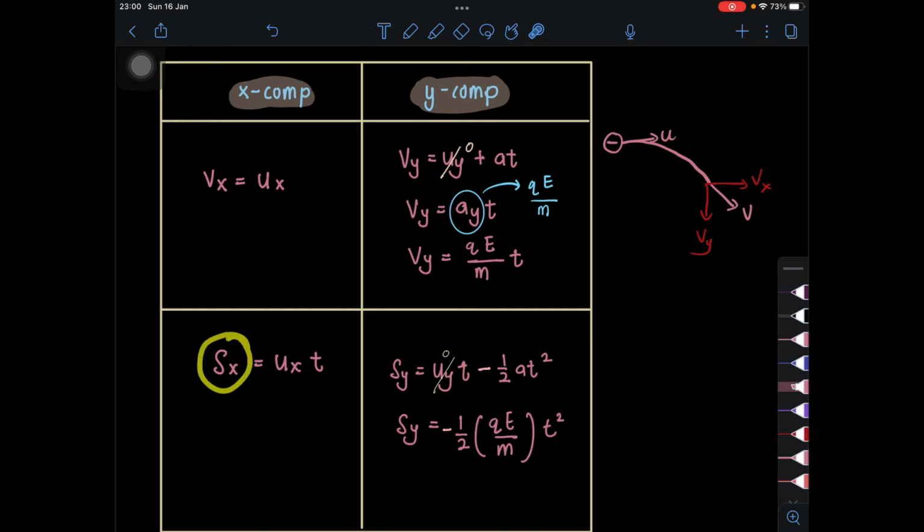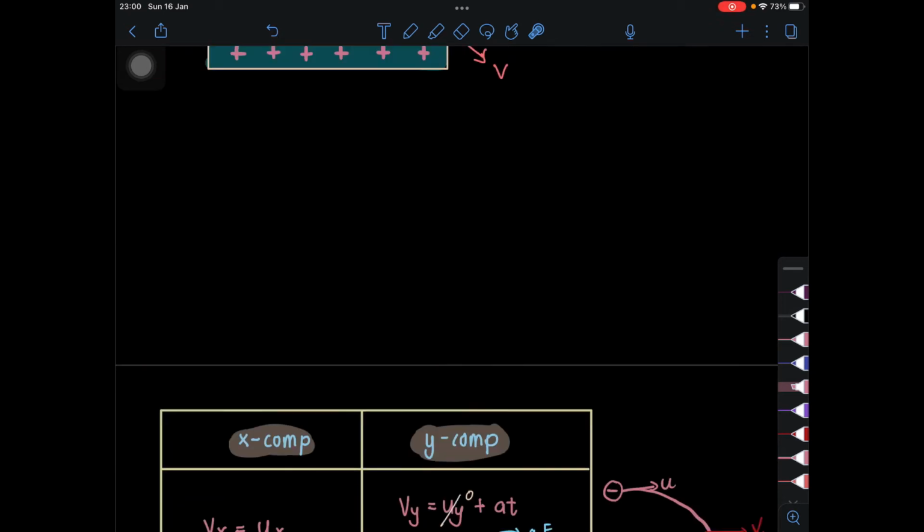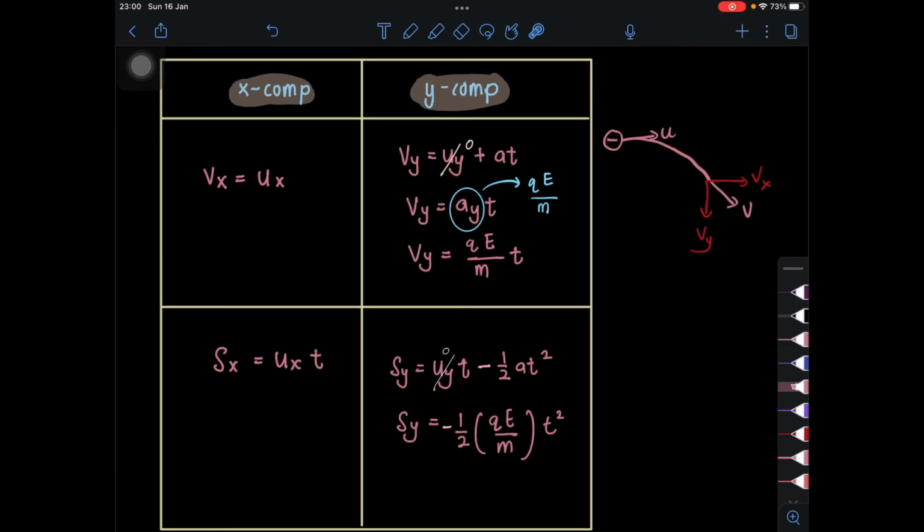Sx here is the distance from here to here. You will see this in one of the examples. And then Sy here is the same, you will get -1/2 times the formula for acceleration times t squared. So we will look at the example later on how to use all of these formulas.